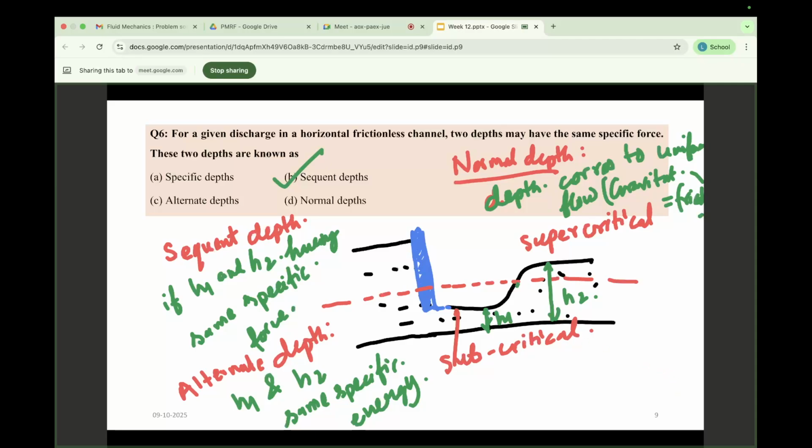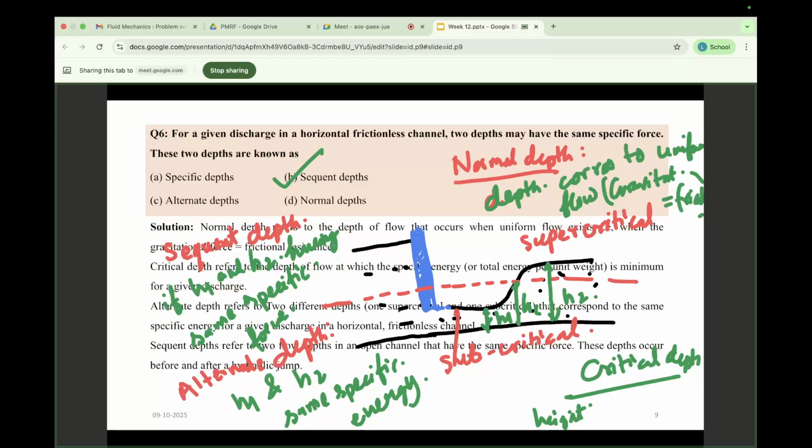Critical depth is the height where the specific energy is minimum for a given discharge or for a given flow. Okay. So the correct option is option B.